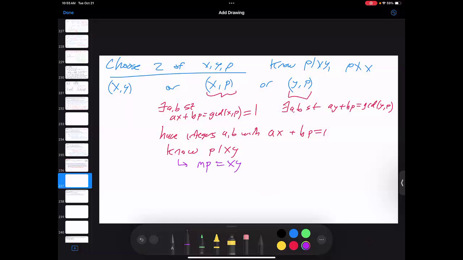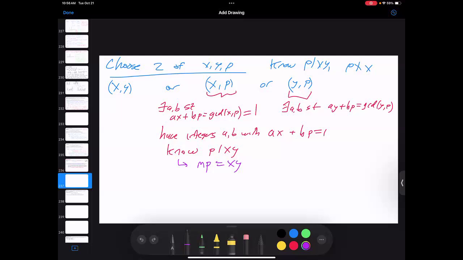So this is the equation I have: AX plus BP equals 1. I want to somehow get an XY. How could I get an XY from this? So you could try to write MP equals XY, but would you then solve for P?